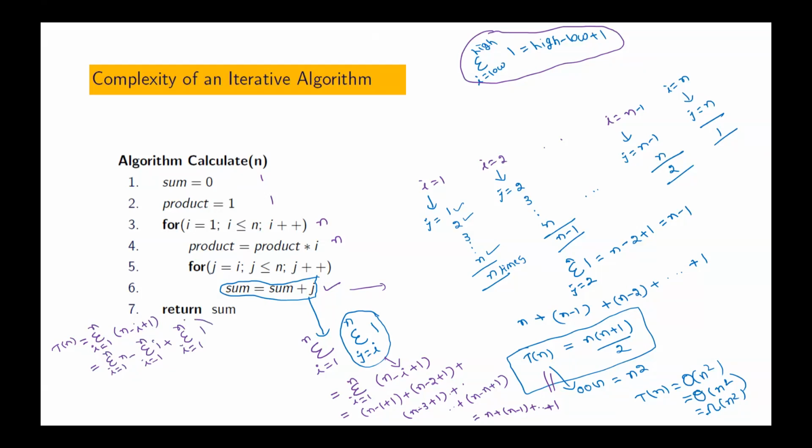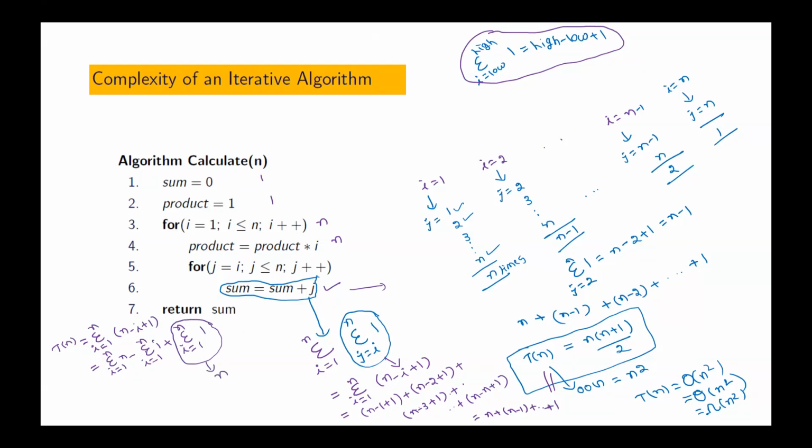Now tell me, what is this value? Sigma i equals 1 to n of 1. It is n.